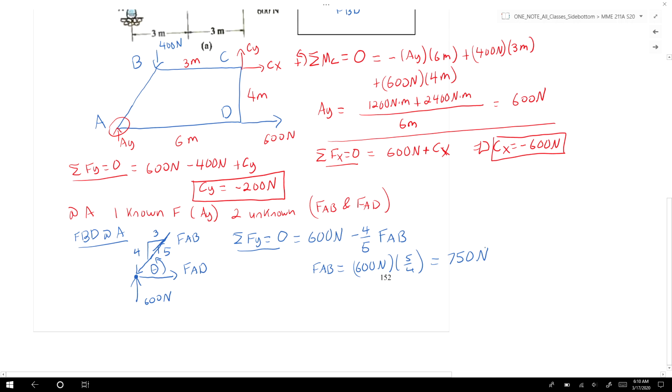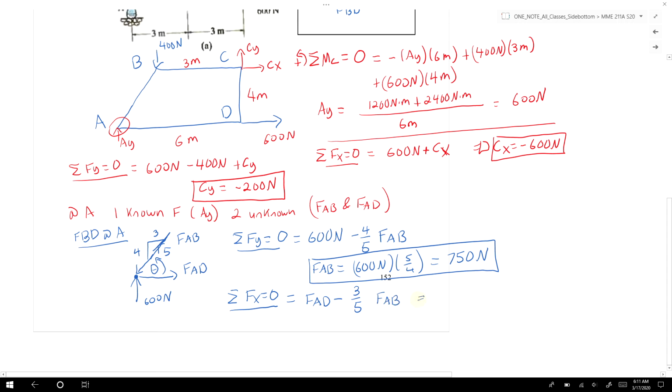All right, then we can go to the sum of all the forces in the x direction has to be equal to 0, and we can then solve for FAD. So we would get FAD minus 3/5 times FAB.